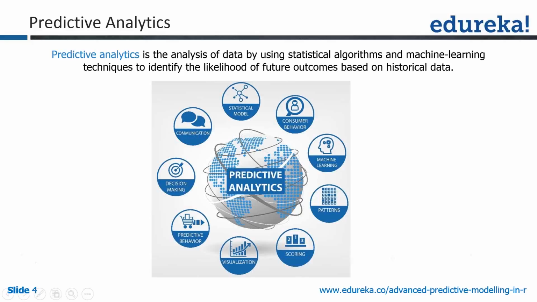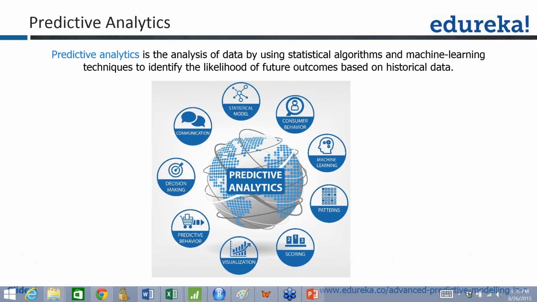Consumer behavior: do all the people within the age group of 20 to 22 based out of US, California, have a separate tendency to purchase iPhone 6 or iPhone 7, which is about to be released? Do they have any specific pattern or behavior associated? You can use your predictive analytics to look into that. I'm going to look into your questions towards the end, so please bear with me.